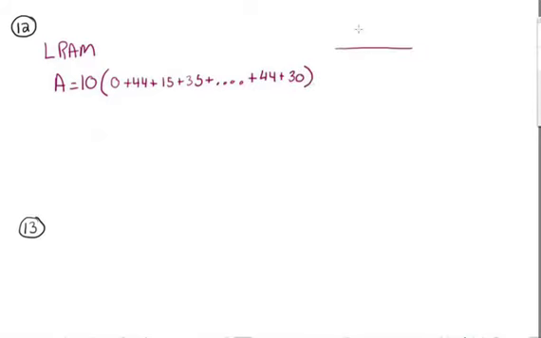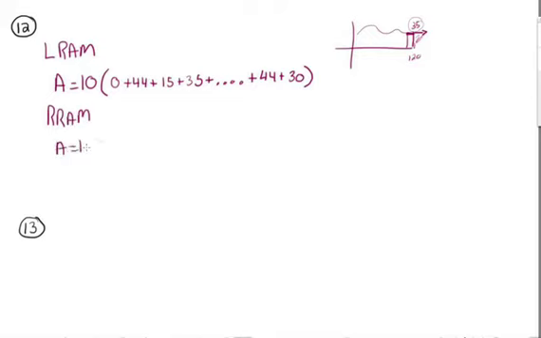Because again, if I bothered to sketch this picture out, the last value here is 35. So if I'm forming rectangles from the left, this last rectangle is covered by the value of 30. 35 would extend beyond my region if that's 120, and I wouldn't want to use it. So I leave that last one out. So I add them all up and multiply by 10, and that'll be my answer. So then I can quickly get the answer to RRAM by repeating all the math.